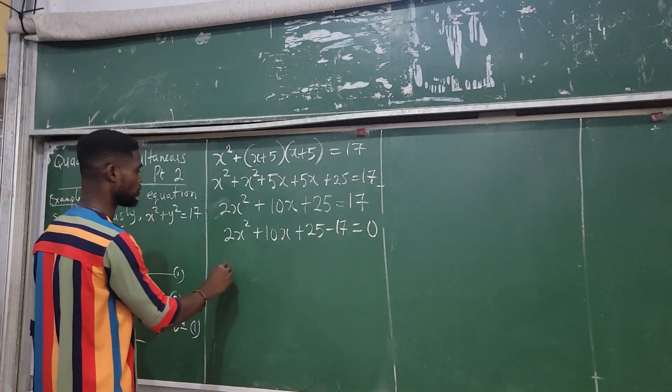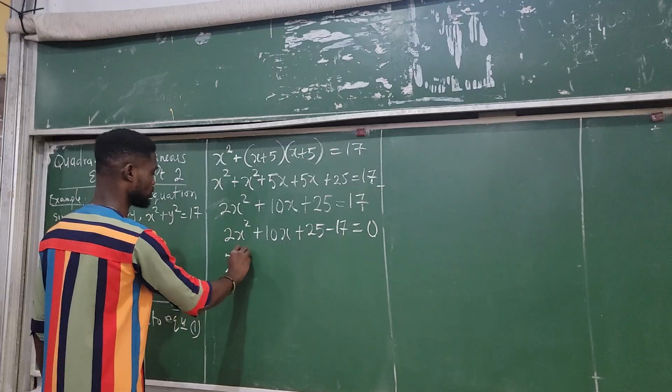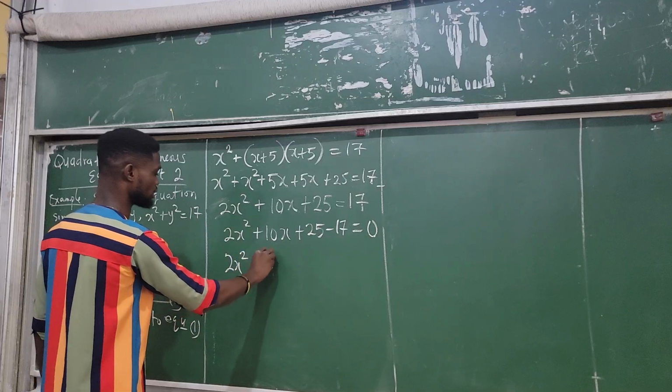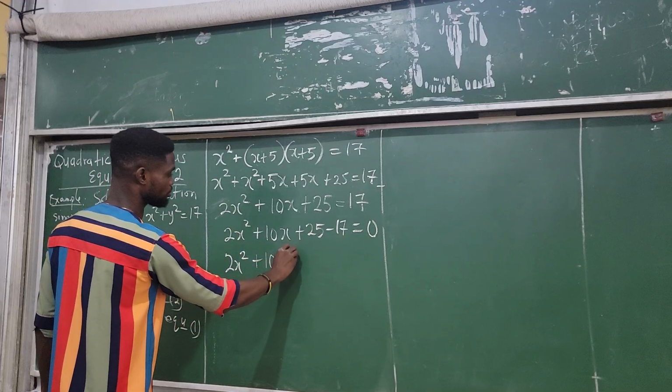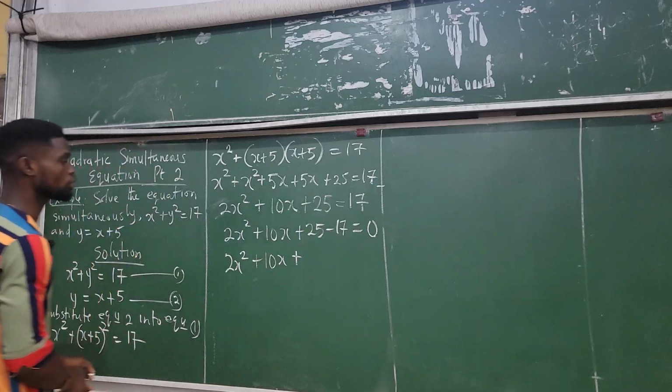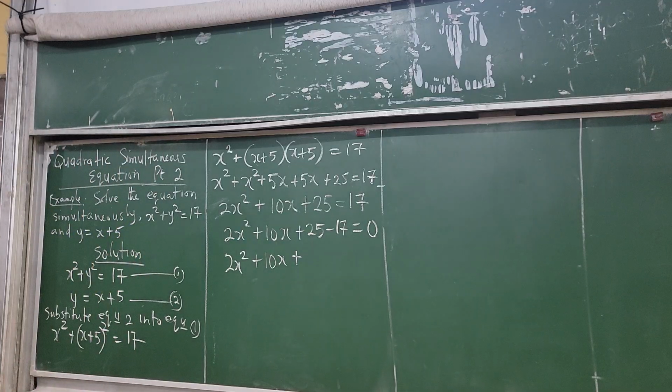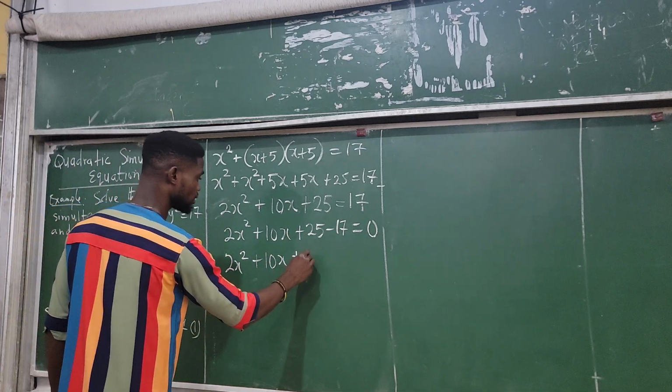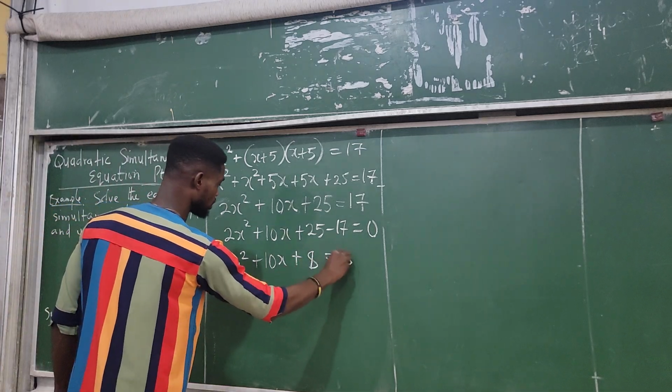So therefore, we have 2x square plus 10x plus 25 minus 17. That will give us 8. We have 8 is equals to 0.